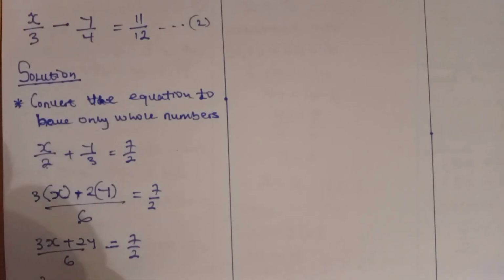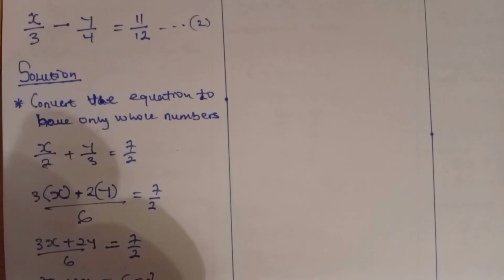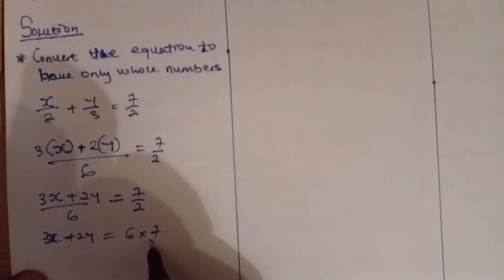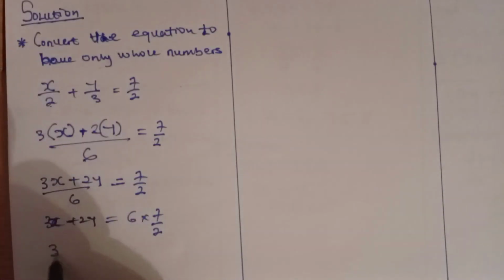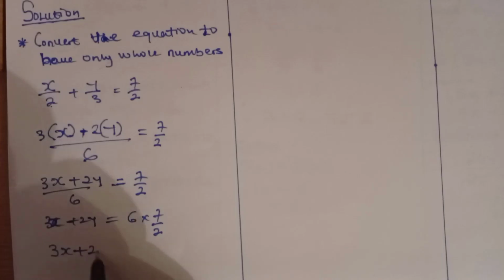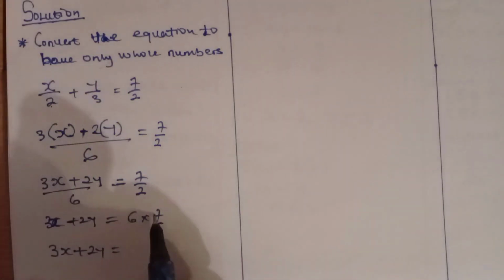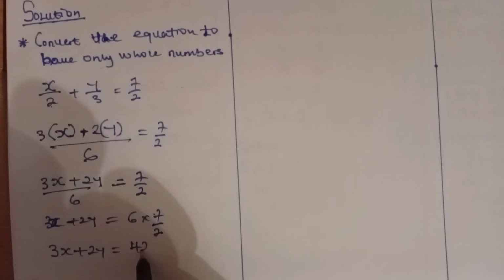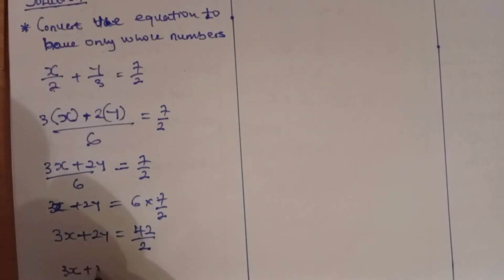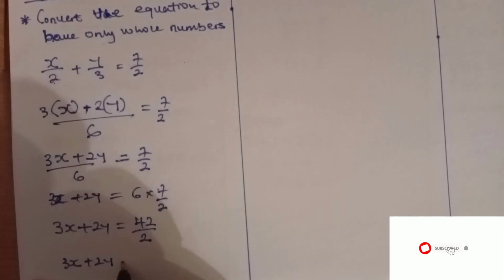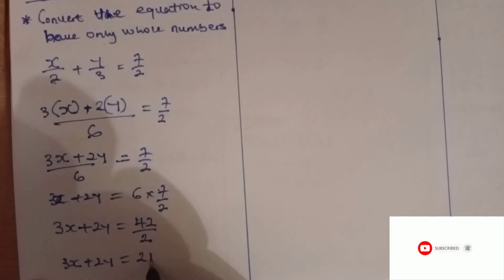So we have 3x plus 2y equals 6 times 7 over 2. 6 times 7 gives us 42 over 2, so we have 3x plus 2y equals 42 over 2, which gives us 21.